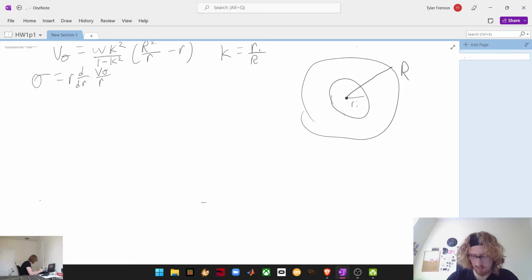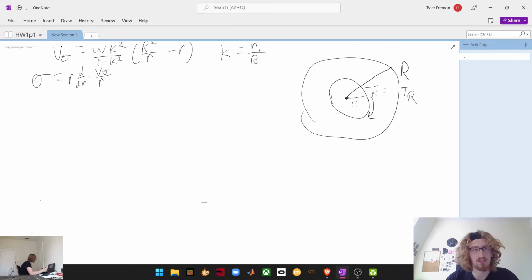And we're trying to prove that if this inner cylinder is rotating and this outer cylinder remains fixed, the torque on the inner surface here is equal to the torque on the outer surface.